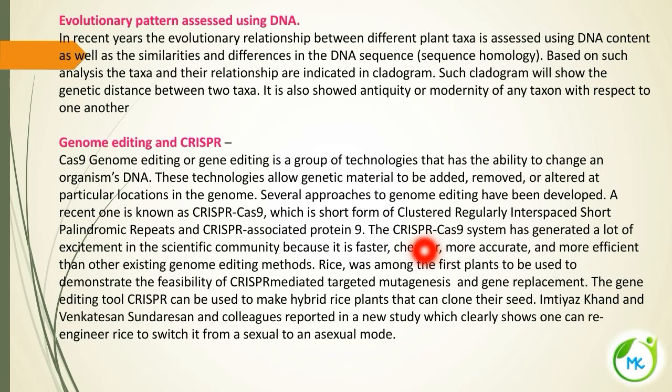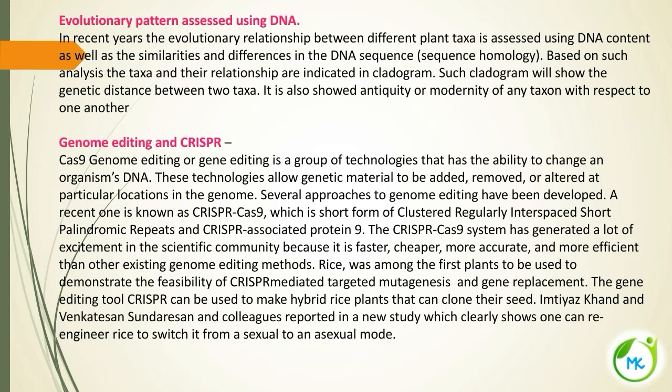Genome editing using this method was first reported in rice, and the editing tool can be used to make hybrid rice plants. Imtiaz Khan and Venkateshan Sundaresan and colleagues reported in a new study which clearly shows that one can engineer rice such that it will switch from the sexual mode of reproduction to the asexual mode of reproduction.